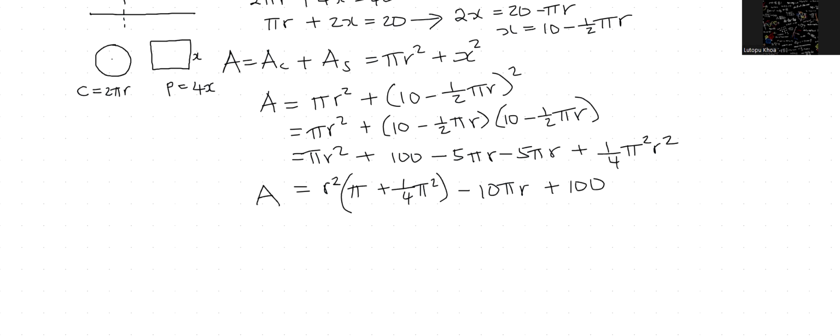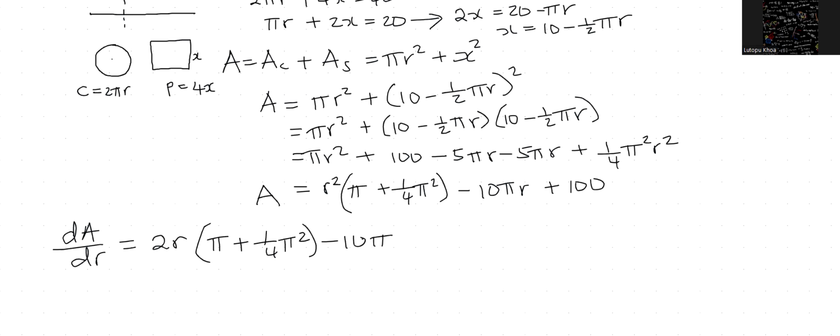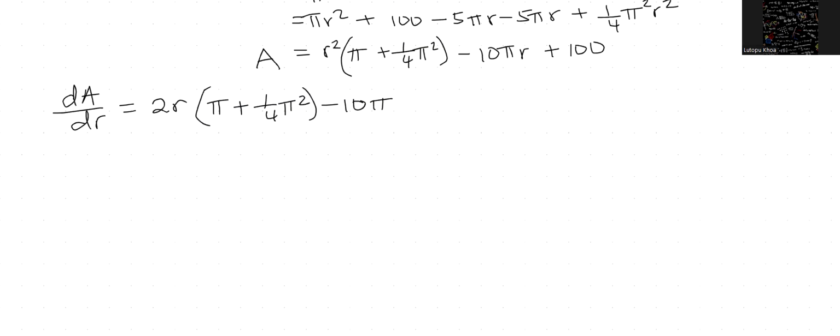Then we differentiate, we find dA/dr. Differentiate, the 2 comes down, so we have 2r times pi plus 1 over 4 pi squared, minus 10 pi, and then the derivative of 100 is 0. So we know that at the optimum area, dA/dr is equal to 0.